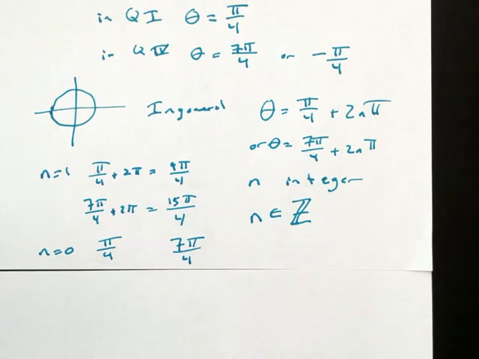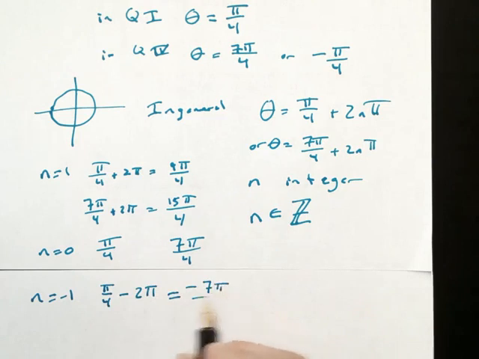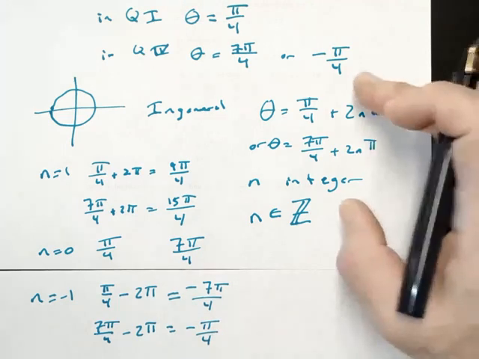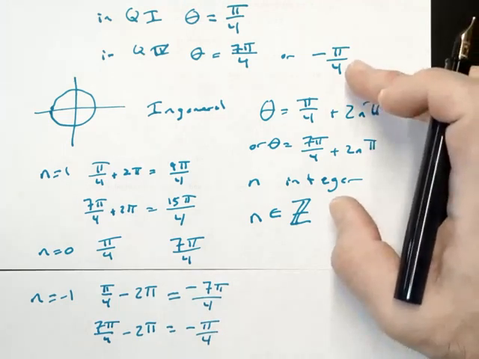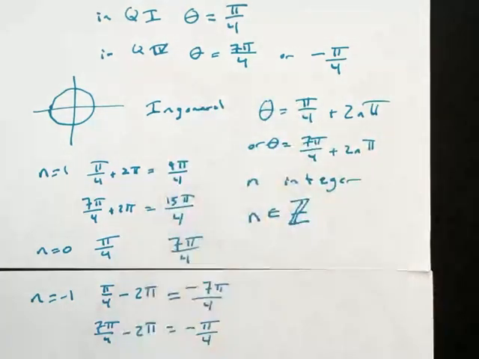If n is negative 1, then I get pi over 4 minus 2 pi, which is negative 7 pi over 4, and I get 7 pi over 4 minus 2 pi, which is negative pi over 4. So does it show up when you do the n is negative 1, or does it show up when you do n is 0? If you picked minus pi over 4, then that would show up here. And we just rearrange which one goes with which value of n.